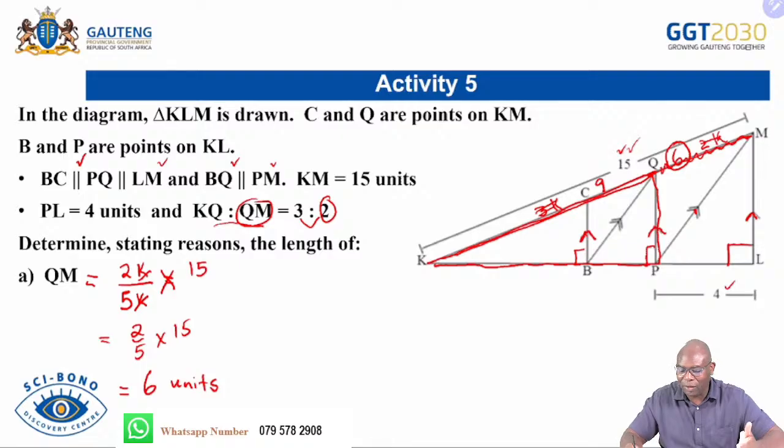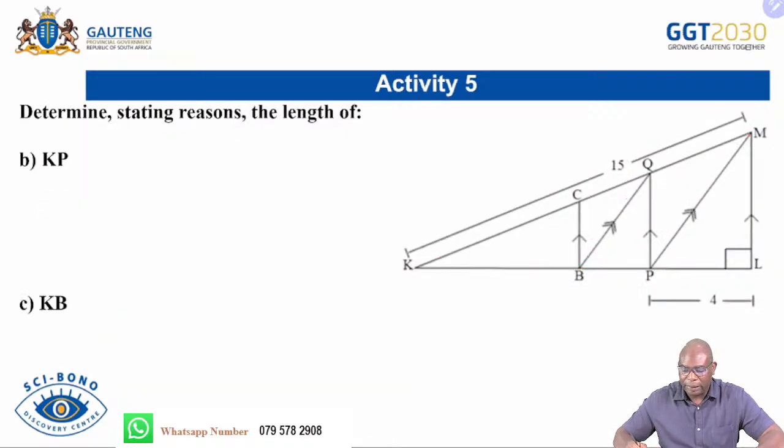So I've got 9 and 6, and that gives us 15. Right. Now, the next one says, still the same data. So I'll have 9. I'm just putting the 9 and the 6. So then I know when I'm working out this, and I've got a 4, I've got a 15, so I'm covered there. Now I need KP.